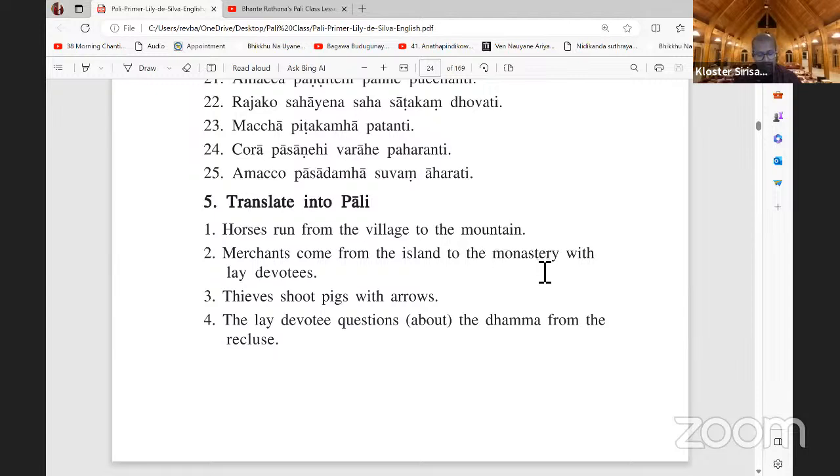And finally comes agacchanti. So the merchant is first, and then the lay devotees, with lay devotees meaning upasakehi saddhim. You remember saddhim? And then dipamha, the separation, and to the monastery, viharam, agacchanti, like that.